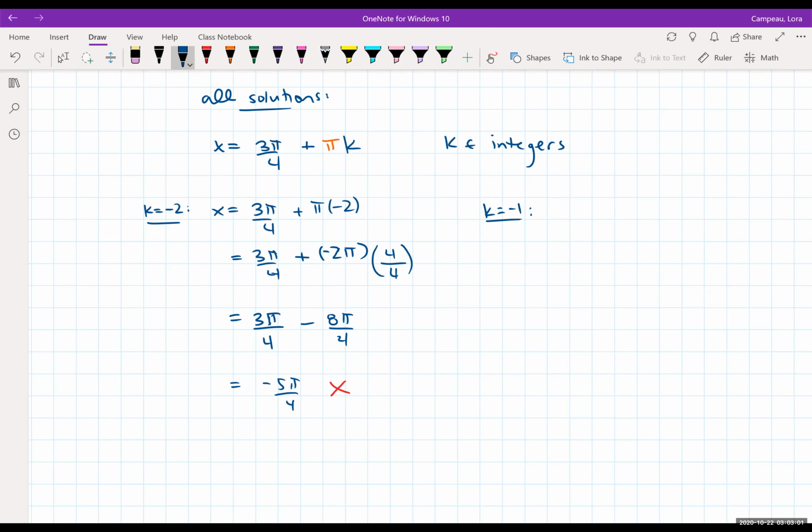So I'm going to look at k equals -1. And that would be, x would be 3 pi over 4 plus pi times -1. So again, a little fraction math for us, 3 pi over 4 plus -pi.